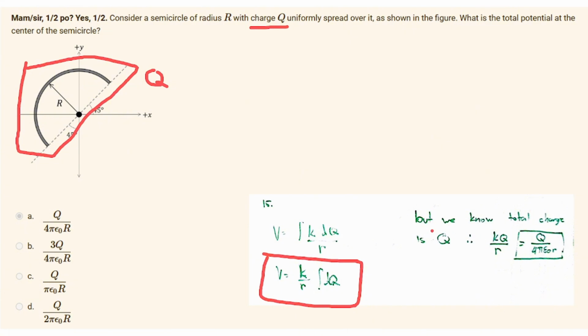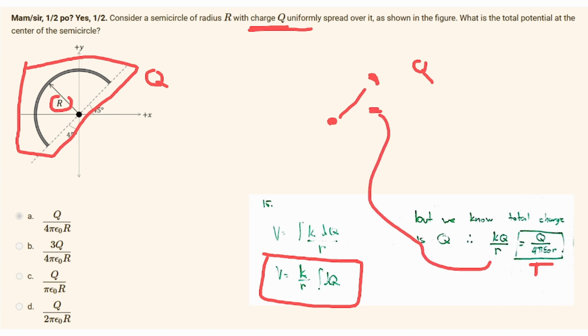But something to note is that this equation is true for any circular shape, no matter how big or small, as long as it's r away and q is uniformly spread.